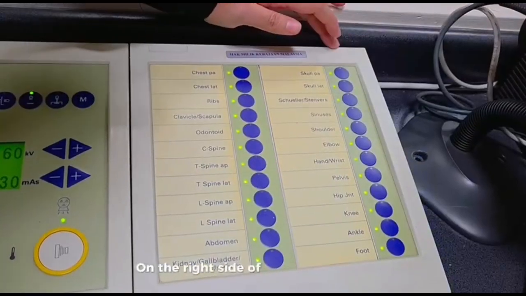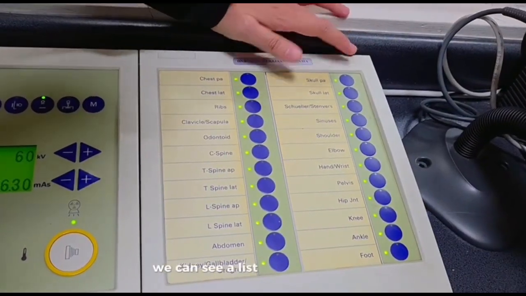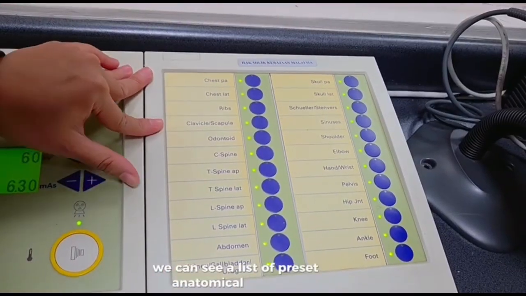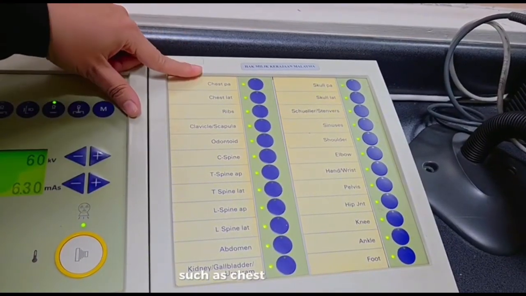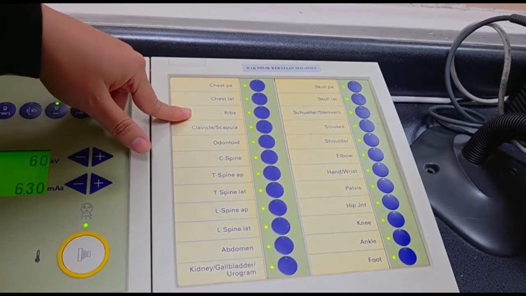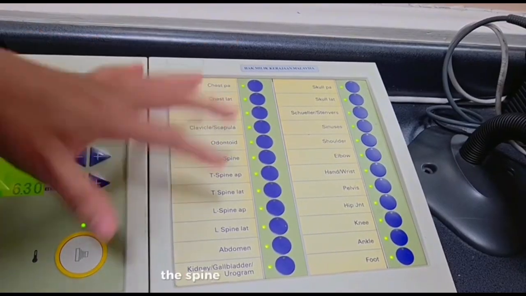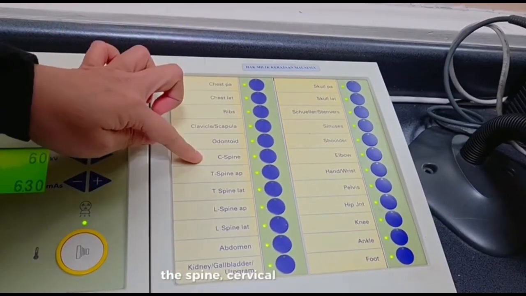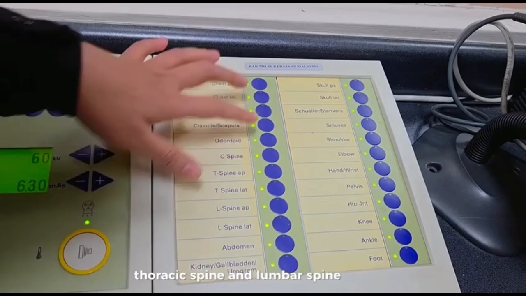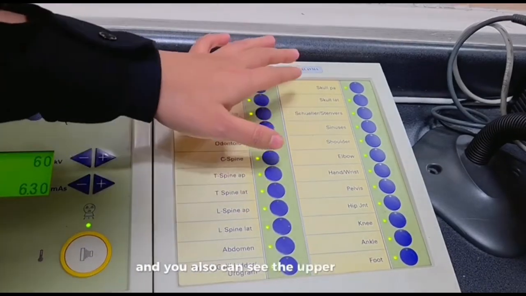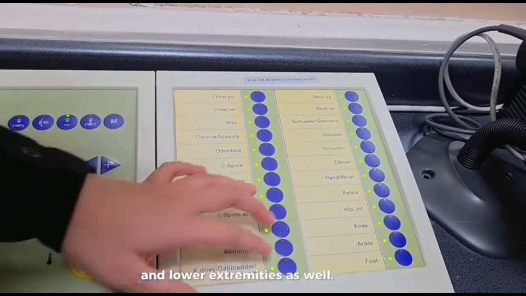On the right side of the control panel, we can see a list of preset anatomical programs such as chest, ribs, the lumbar, the spines, cervical spine, thoracic spine, and lumbar spine. And we can also see the upper extremities and lower extremities as well.